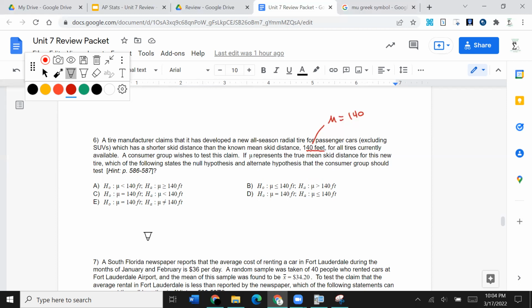Which has shorter. So we're trying to test to see, is it shorter? That's going to be, again, less than. So your alternative would have less than. So once again, our null will always be equal. So we can rule out A and B. And then our alternative wants to go in the direction it states. So in this case, less than, shorter, C.